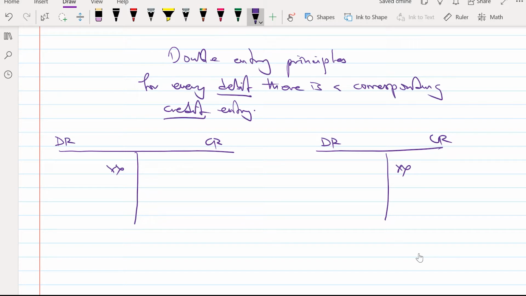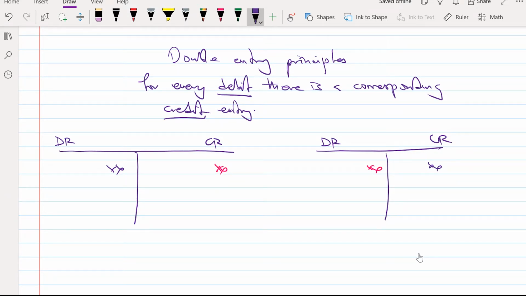And if it is debit in this account, then it might also be credit in this account, as the case may be. So this actually is what we mean that for every debit entry, there must be a corresponding credit entry.